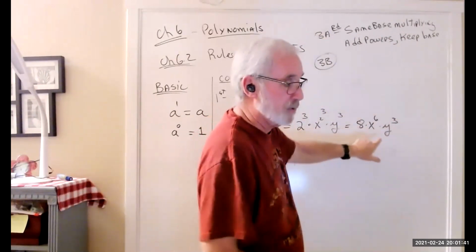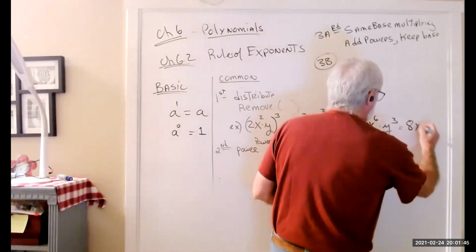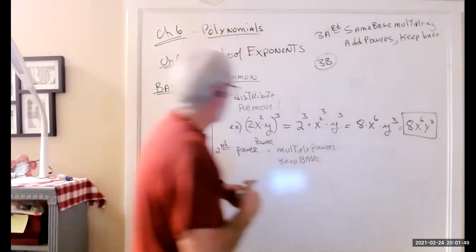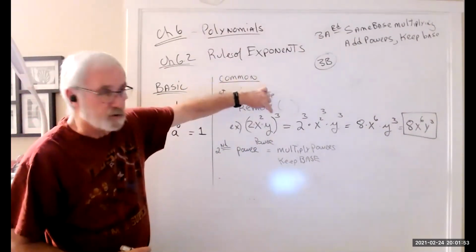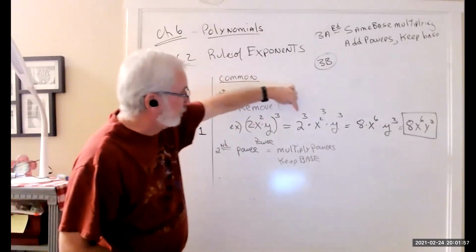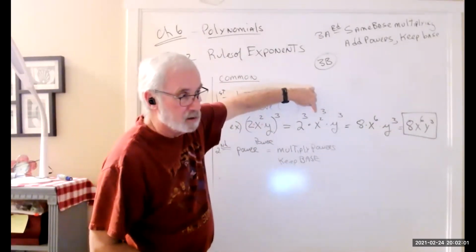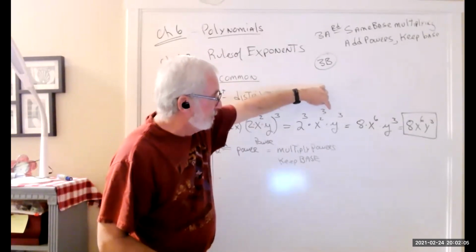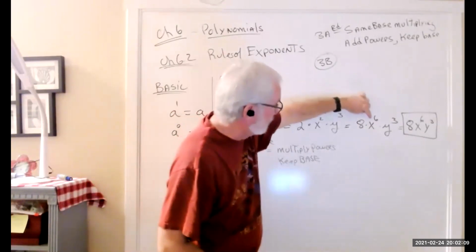Now I'll do an example in just a second. So the final answer for this example I gave you was this. If you had 2x squared y quantity to the third power, first you distribute the power to everything, and even if it looks weird, you don't worry about it. Distribute the power to every piece inside. Then you look for power raised to a power, you multiply them and keep the base.